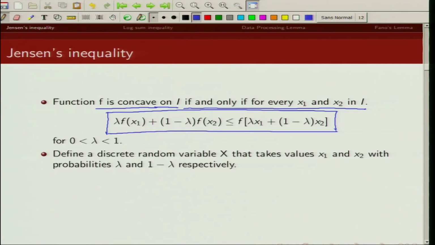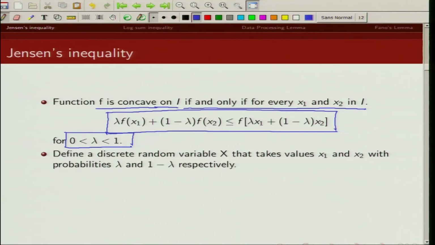This is lambda times f of x1 plus 1 minus lambda times f of x2. This should be less than or equal to the function evaluated at lambda times x1 plus 1 minus lambda times x2, where lambda lies between 0 and 1.